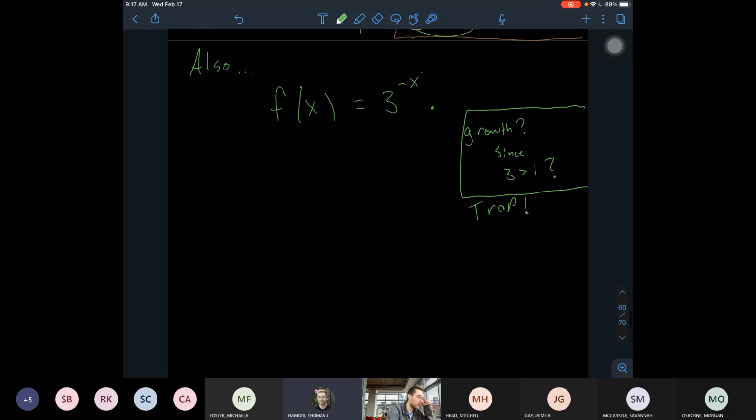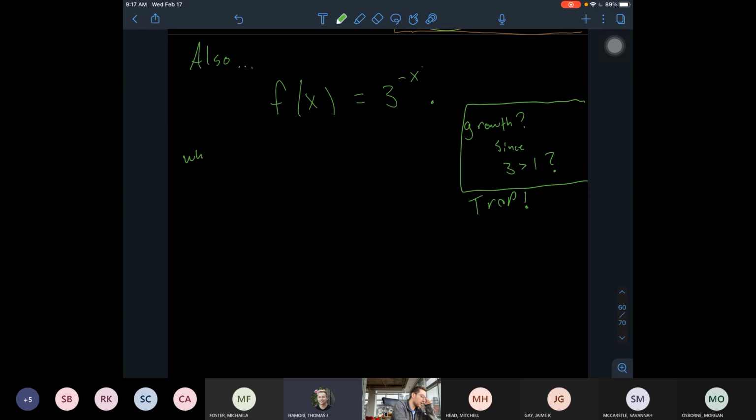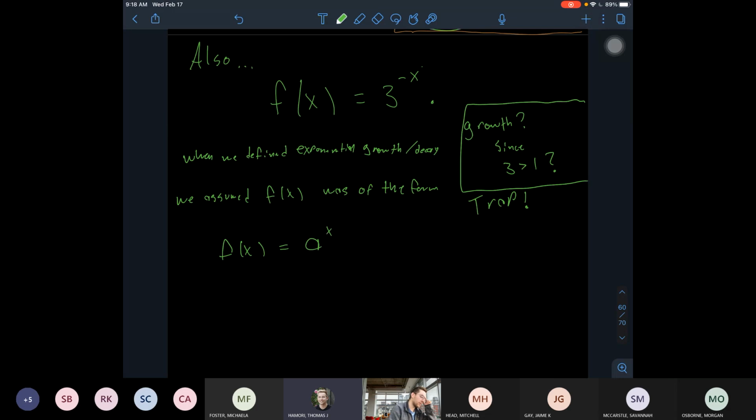And here's why. When we defined exponential growth and decay, we assumed f of x was of the following form. We said f of x was going to be equal to some number a to the power x.